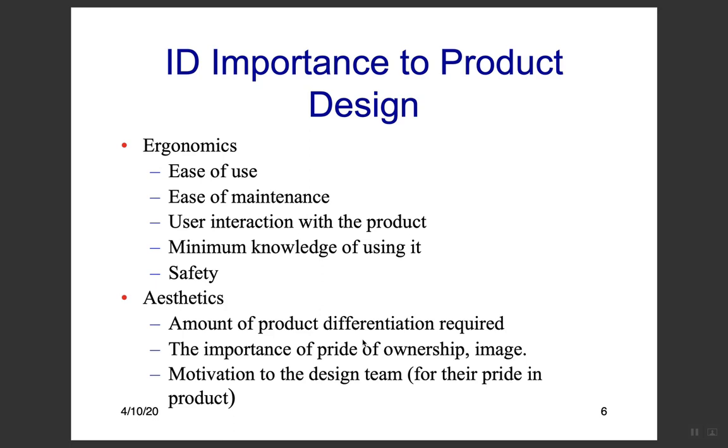Okay, and then the second one is aesthetics. Aesthetics is about the appeal of the product. For example, the amount of product differentiation, the importance of pride of ownership, product image, and the motivation to the design team. Again, I have an example. If you still remember the Maslow hierarchy chart, right?